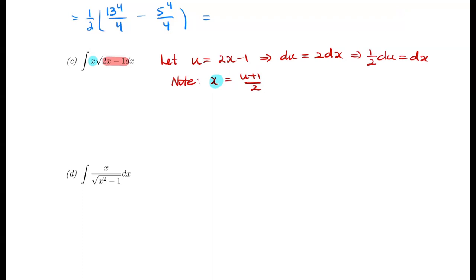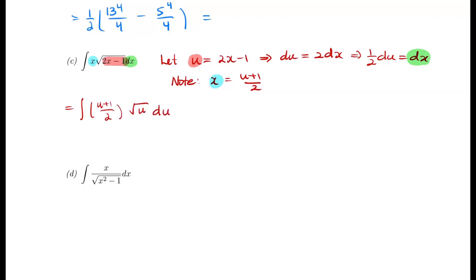So the 2x minus 1 is going to get replaced by this u. The dx over here is going to get replaced by half of du. Putting everything together, we would just get the integral of u plus 1 divided by 2, multiplied by root u du.